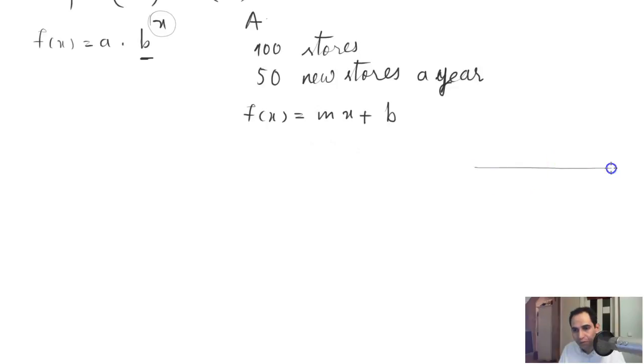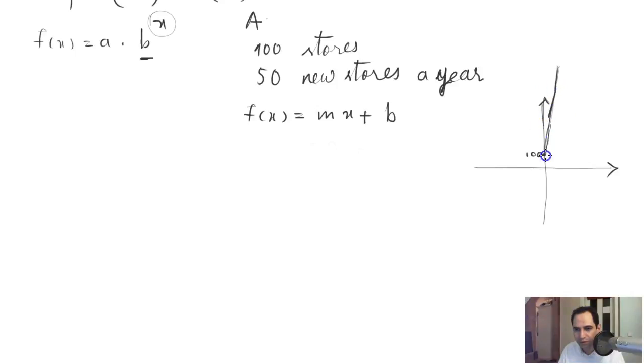This is a linear function, and for example, this is 100, and then your slope is 50, so it becomes a straight line like this.